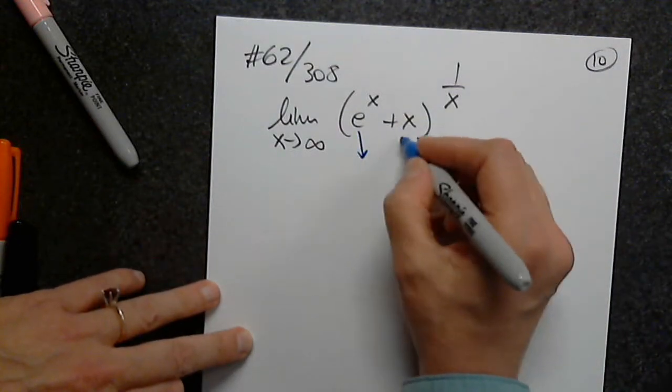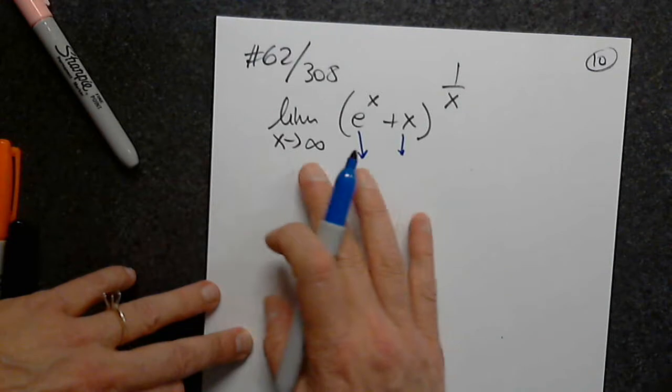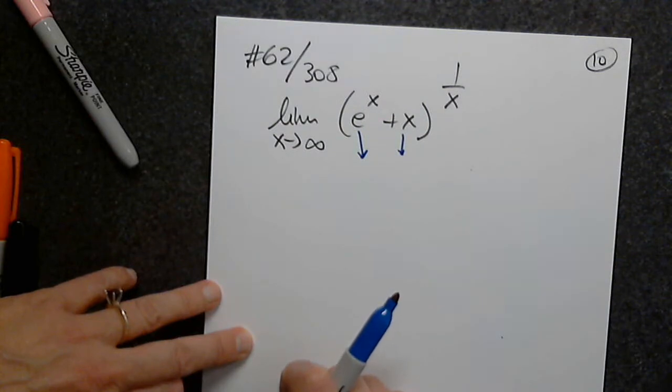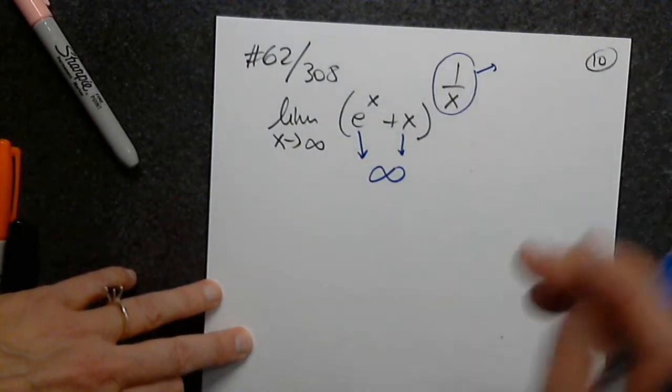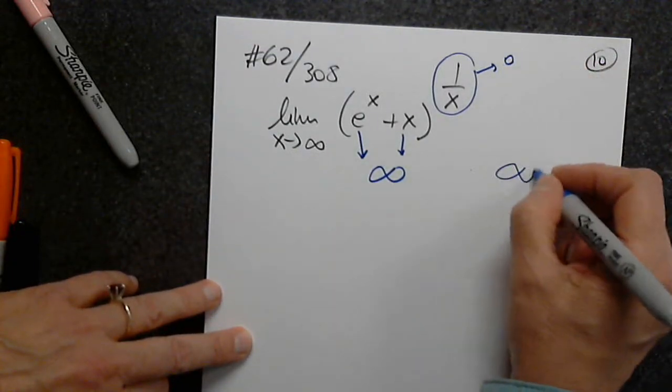Okay, where does this go? Where does this go? And where does the sum go when x approaches infinity? Of course.